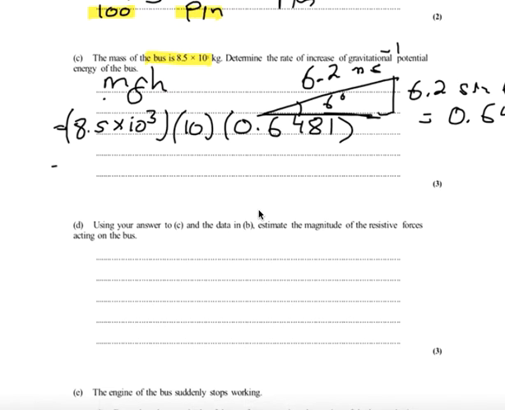Punching that into our calculator, we get 5.51 times 10 to the fourth watts, or to keep in line with the kilowatts we were working with earlier, that's 55 kilowatts.